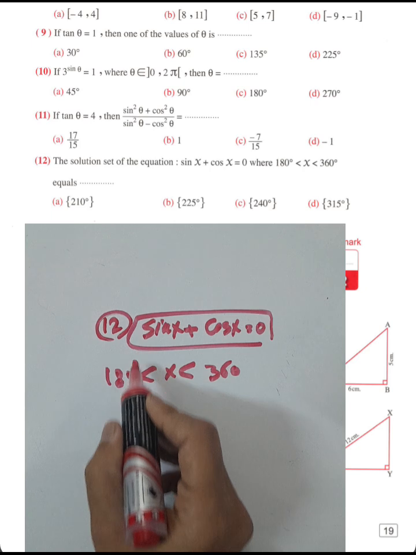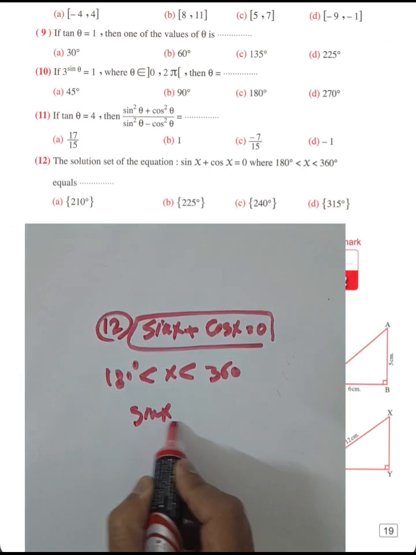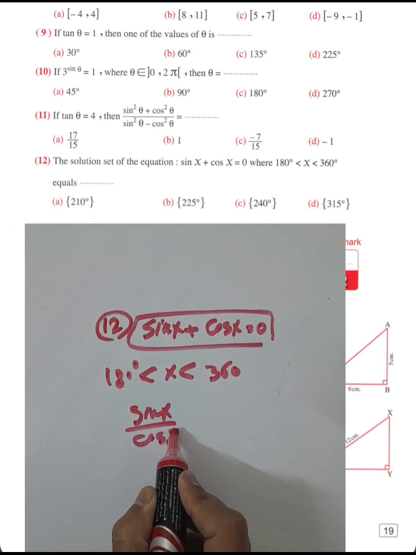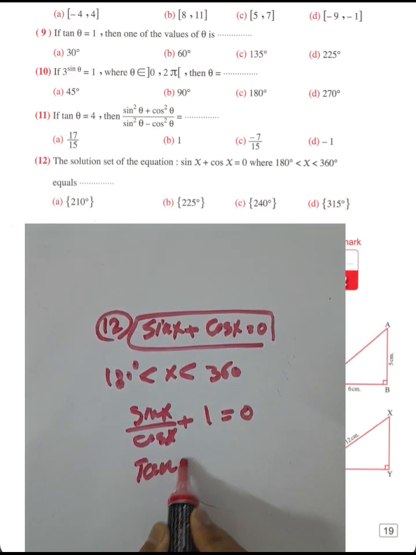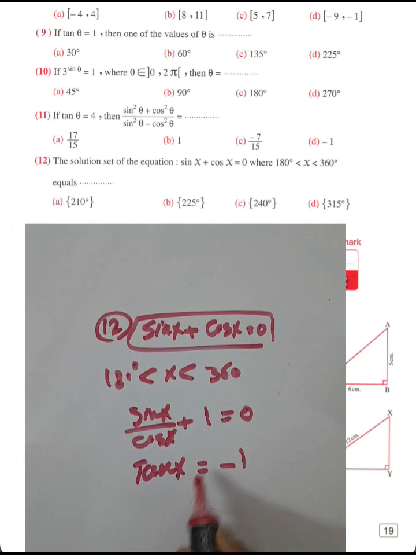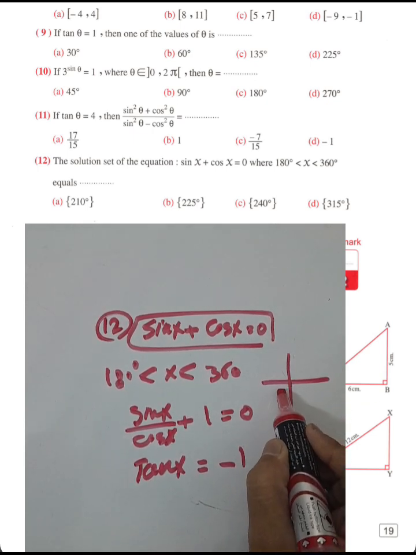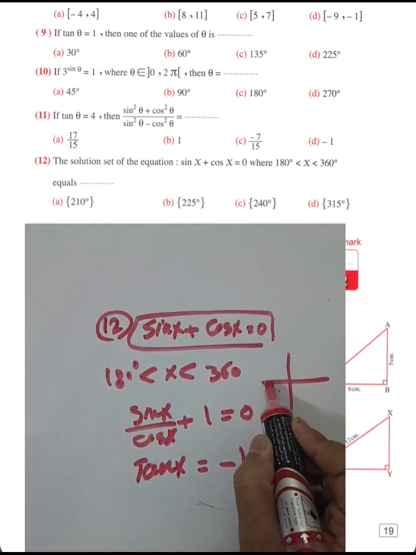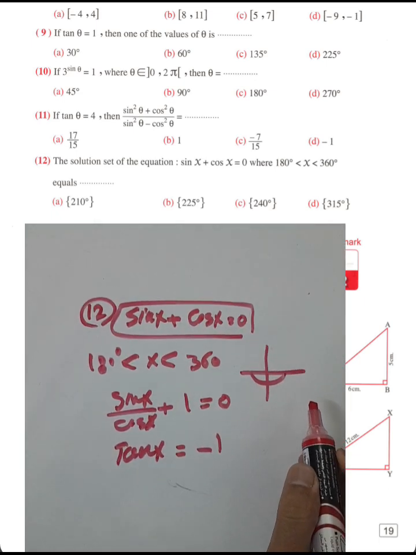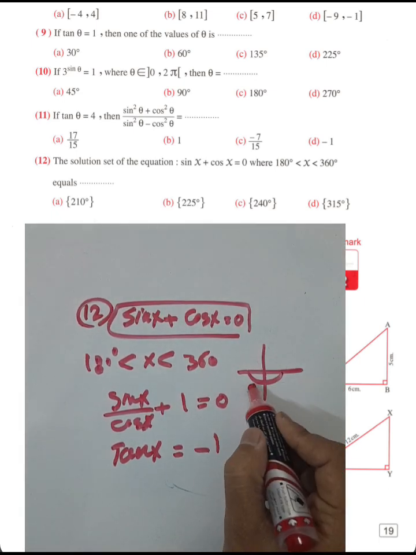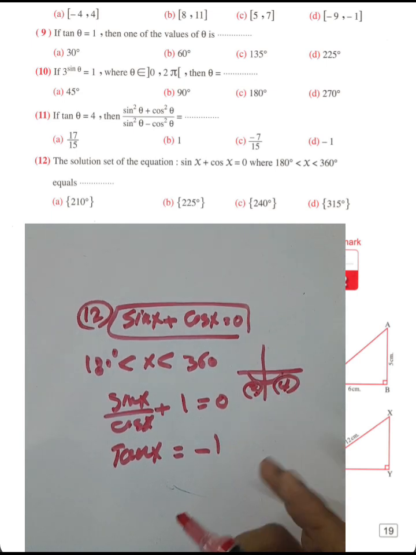Here sin x divided by cos x plus 1 equals 0. Then tan x will be negative 1, and the given solution lies between 180 and 360, so we have the third quadrant or the fourth quadrant.